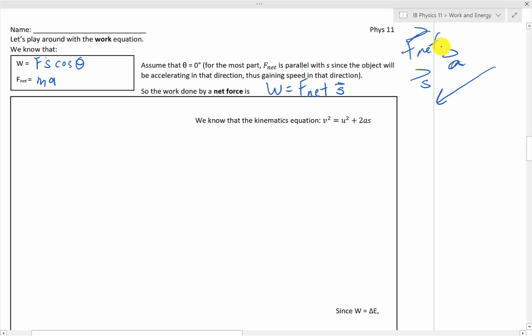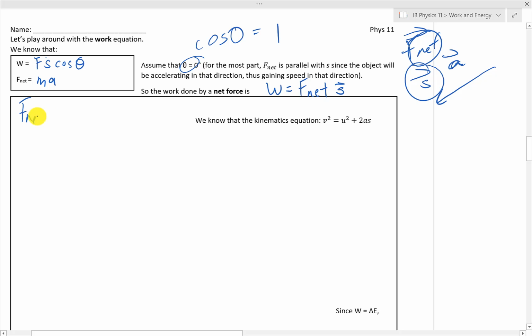That just means F net will be in the same direction as displacement, so that the angle between them will be zero for the most part. There might be some exceptions which we are not going to go into. But when you do have an angle of 0, cosine theta just becomes 1, and it leaves this equation. 1 times anything is just that thing itself anyways.